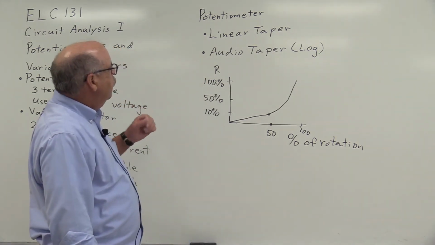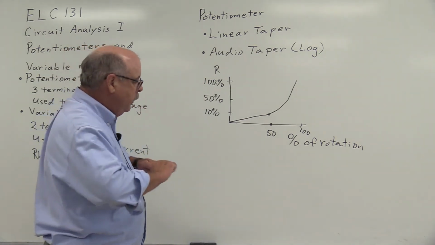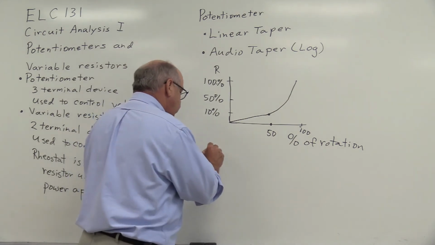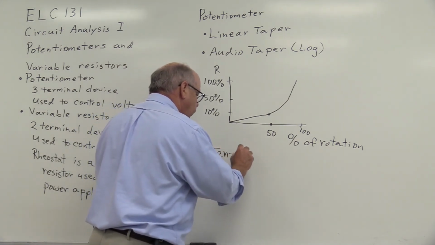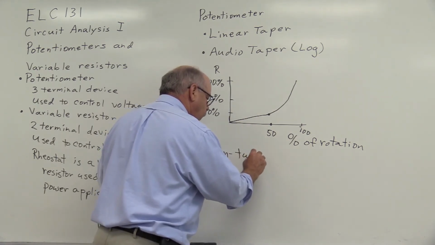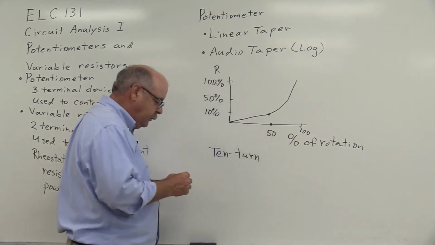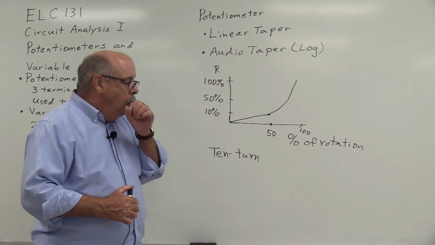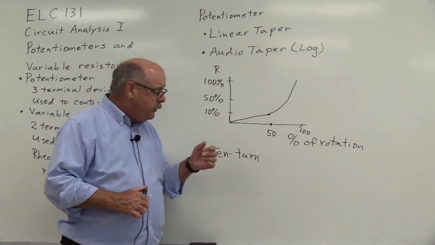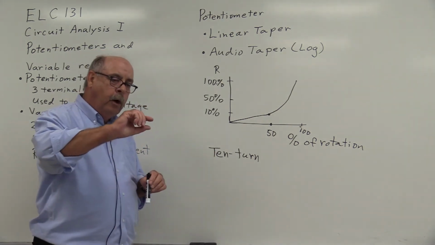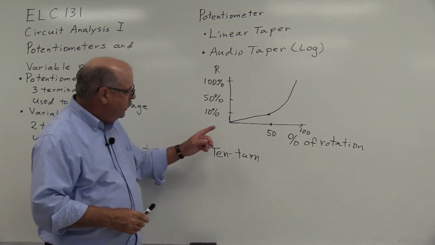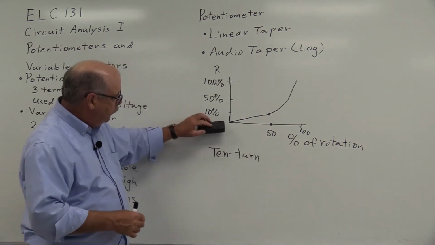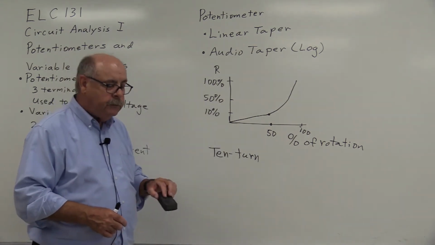Now, one other potentiometer that you will probably come across is what's called a multi-turn potentiometer, and the most common one is what's called a 10-turn potentiometer. What that means is, for one turn of the shaft, we only move through 10% of the resistance.